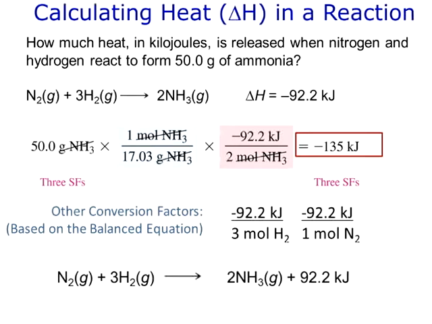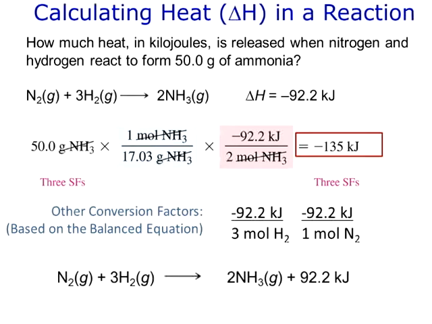So let me restate that. We take 50 grams of ammonia times 1 mole per 17.3 grams times minus 92.2 kilojoules per 2 moles of ammonia, because that is the ratio we see in the balanced equation.